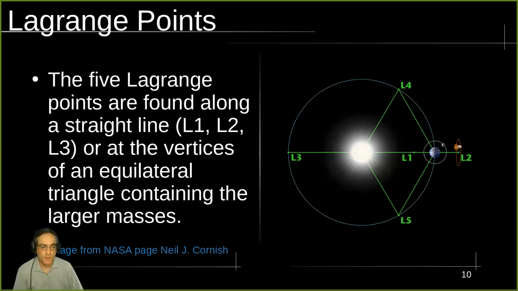The L3 point lies exactly opposite the second mass, or the second most massive object. These are the three that are collinear and would orbit with exactly the same period. So the L1, L2, and L3 points would all take 1 year to travel all the way around in a circle, if we're talking about the Earth-Sun system, for instance.